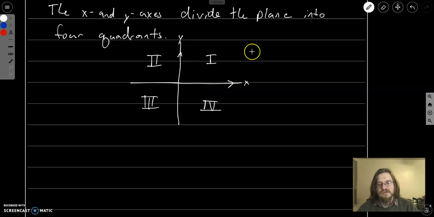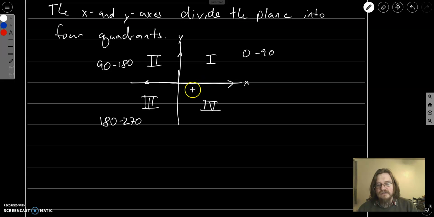Whereas if I was over here, I'd be starting at 90 degrees and going all the way to a straight angle. So this is going to be between 90 and 180 degrees. Down here, again, is going to be between 180 degrees and 270 degrees.